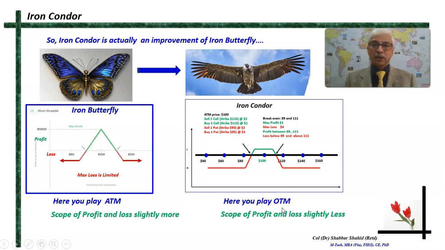But correspondingly, here the scope of profit will be more, the scope of loss will also be slightly more. But here, because you are out of the money, the scope of profit will be less, and the scope of loss will also be correspondingly less. If you are aggressive, go for an iron fly. If you are less aggressive, or if you are conservative, then go for a condor.